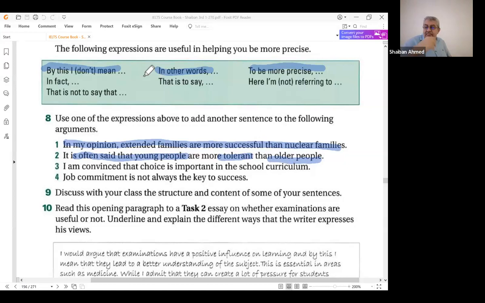Maybe some old people are narrow-minded or they are stubborn. Anyway, what do you mean by more tolerant? So here you have to, yes, I mean, this means they what? This means what? Come on.